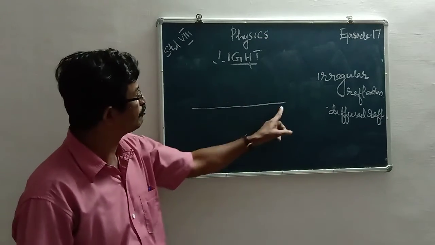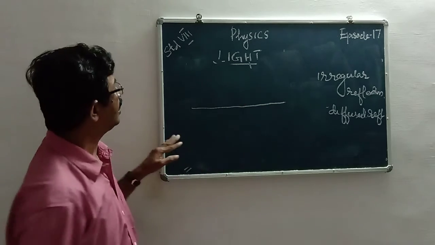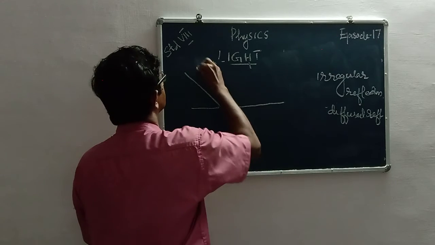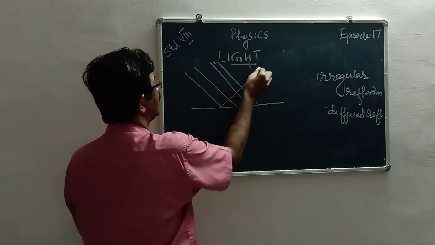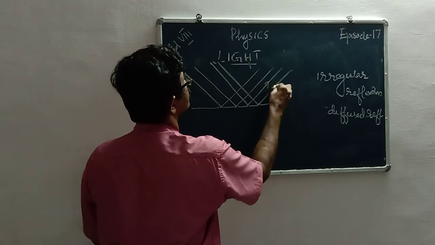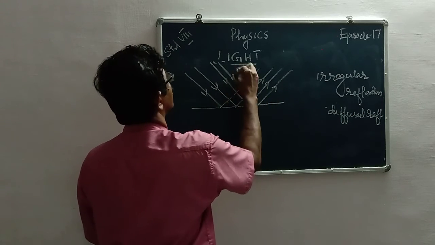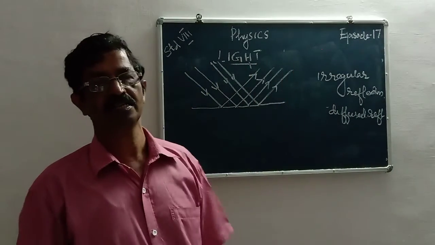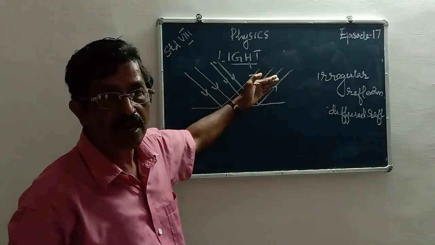But here you see, if the surface is very smooth, and a parallel beam of light rays falls on this surface, after reflection these rays become parallel.